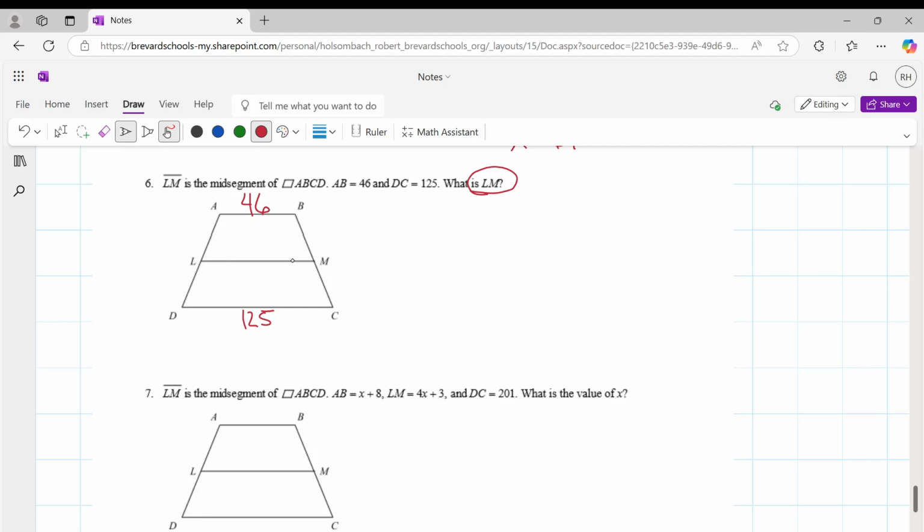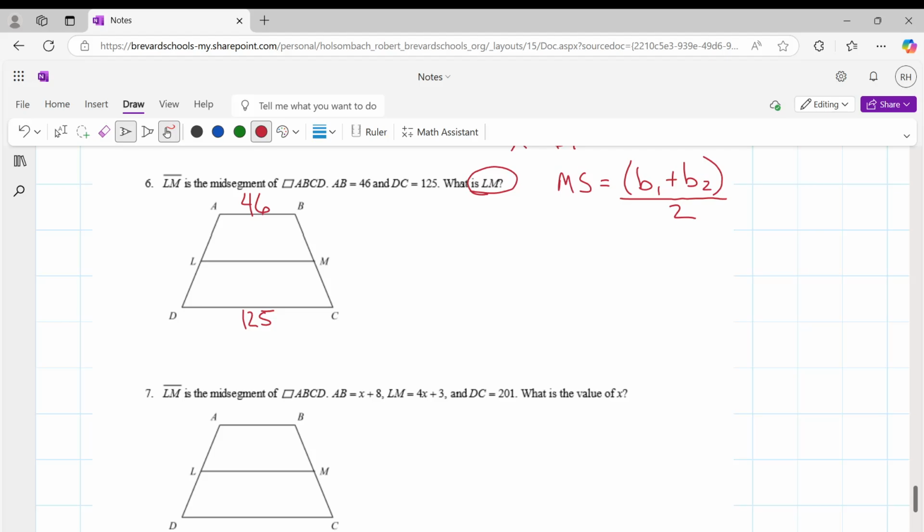So this mid-segment, the mid-segment of a trapezoid, is equal to base sub 1 plus base sub 2, divided by 2. So the mid-segment is an average of the two bases.